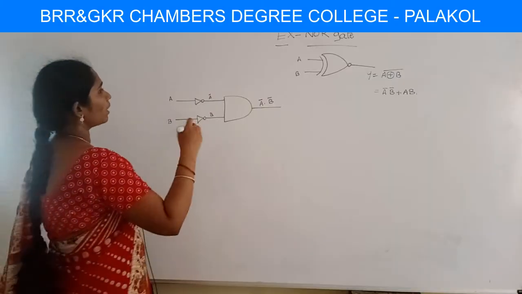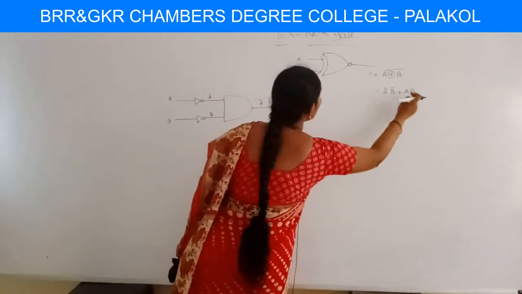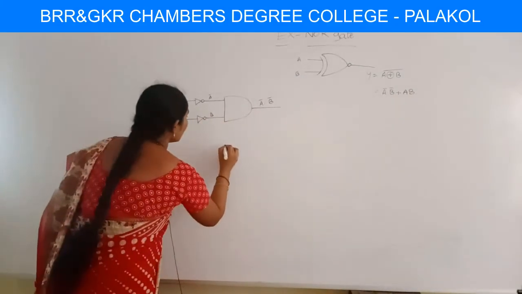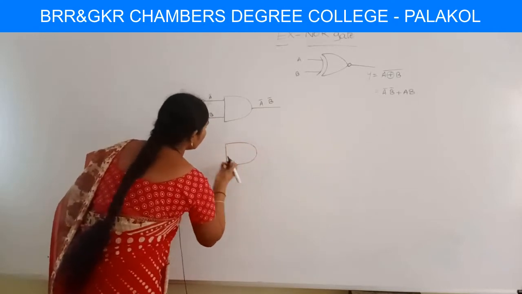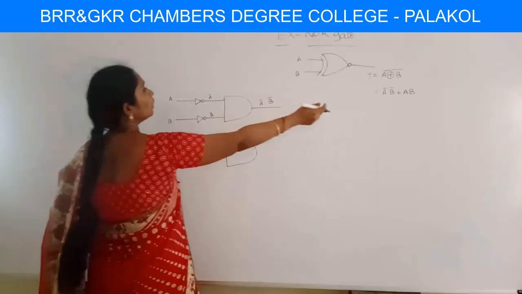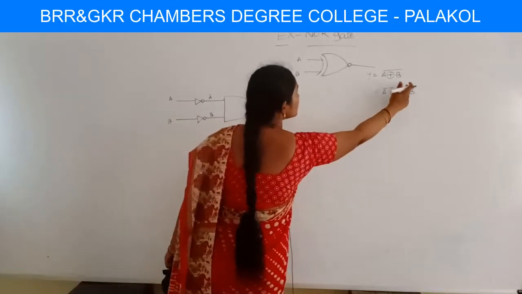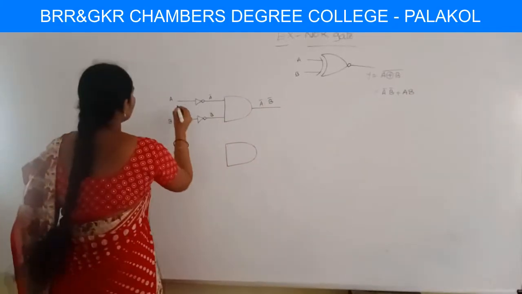Okay, and after that it has A B, and that's why I take another gate. This one has no bars, only the individual variables.